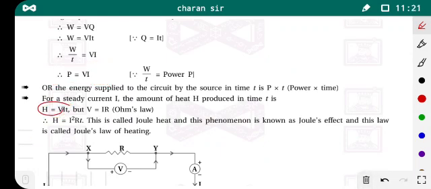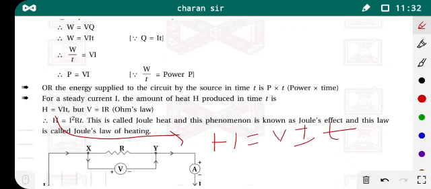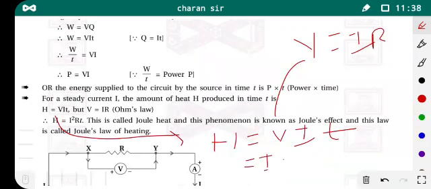But by Ohm's law we know that V is equal to IR. Here you have heat, that is VIT. Now put the value of V as IR, and IT as it is.